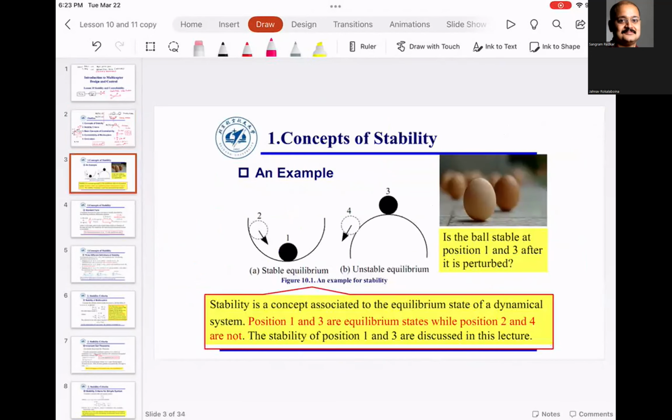Now, this is the concept of stability that is discussed. So you can see that this ball can roll inside, or can roll and become unstable outside. And if it is rolling on a flat surface, it's actually neutrally stable or simply stable.